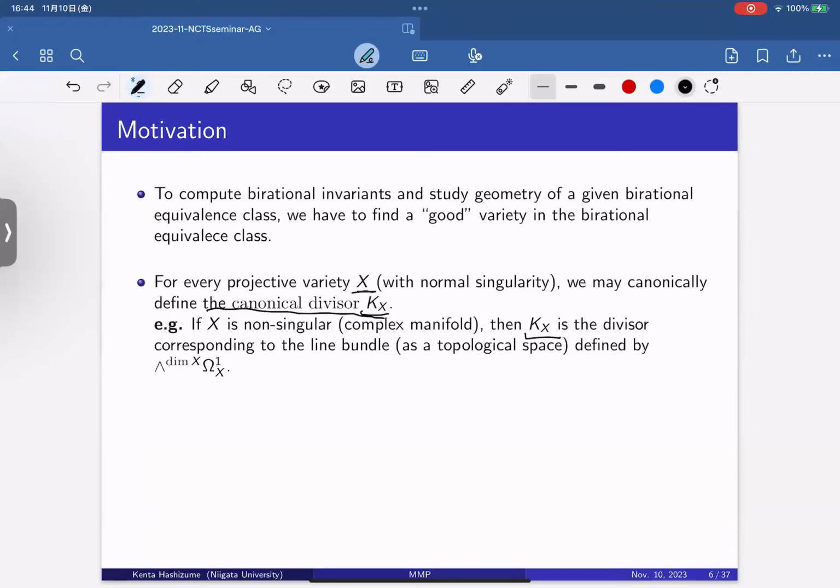Then the canonical divisor is the divisor corresponding to the line bundle defined by the top rational form.